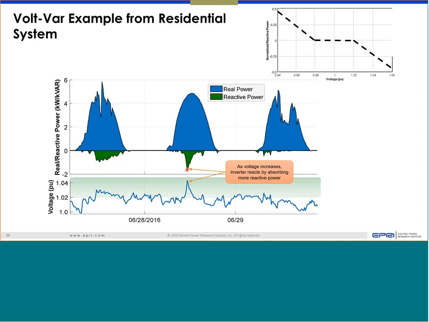In some cases it absorbed VAR but did not manage to bring the voltage all the way to 1.02. Maybe it reduced it compared to where it could have been, but was not able to bring it all the way down. So this clearly says that these VOLVAR and power factor functions are voltage regulation support functions.